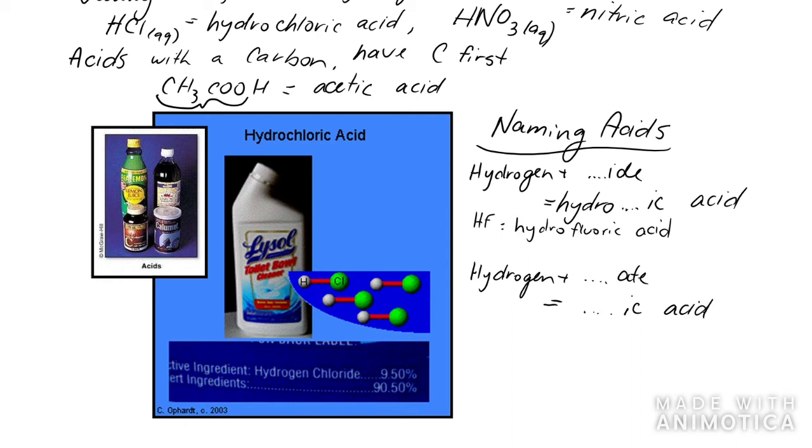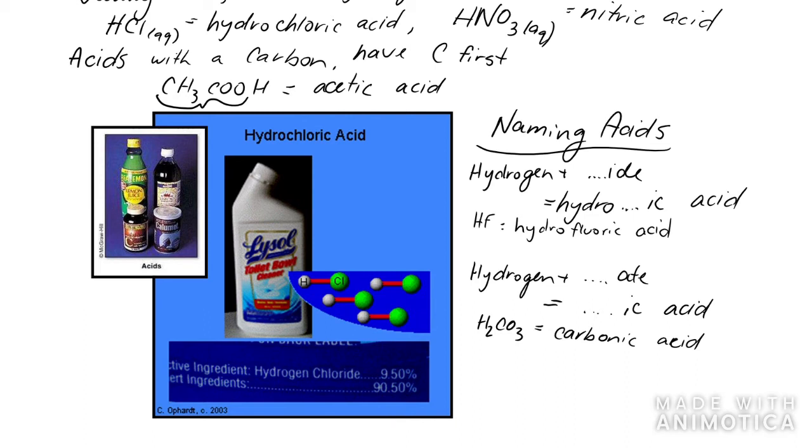So remember, acetate and hydrogen makes acetic acid. Another example is H2CO3, that's hydrogen carbonate, and that will be carbonic acid, because you're changing that carbonate to carbonic.